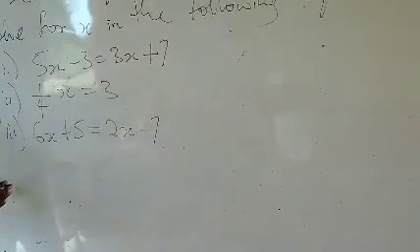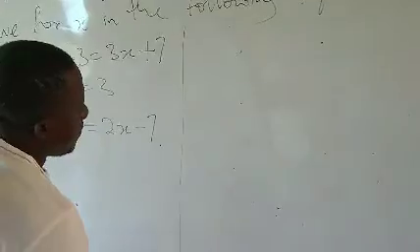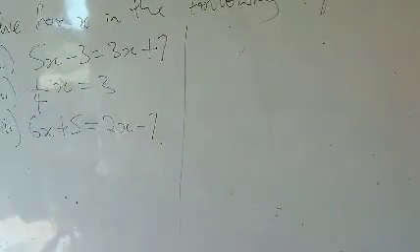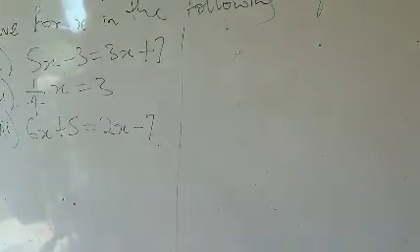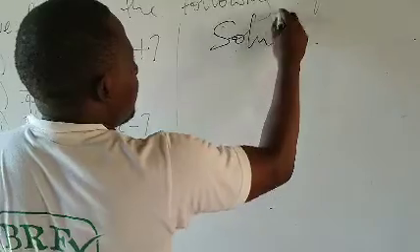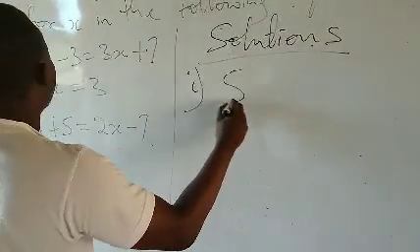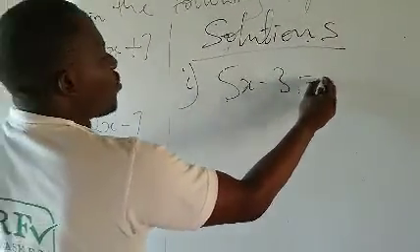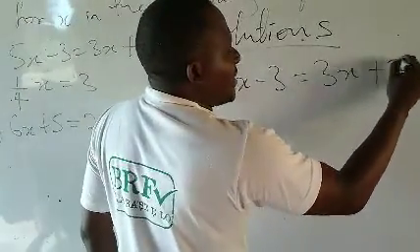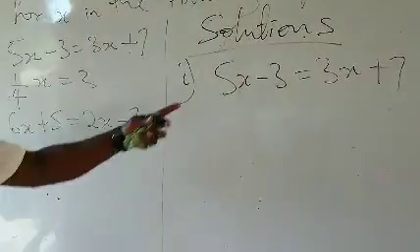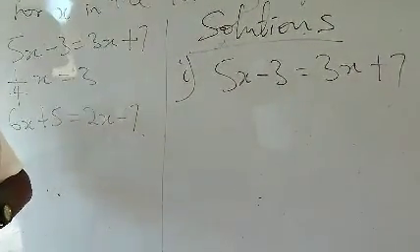Now, let's solve this. Solutions. First one, 5x minus 3 equals 3x plus 7. When you get a problem like this, we can solve it.